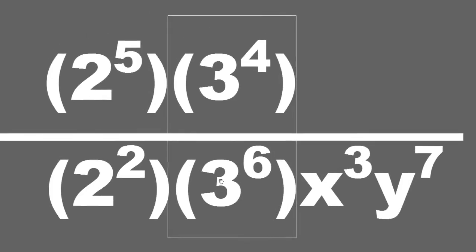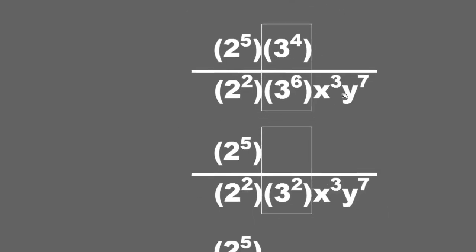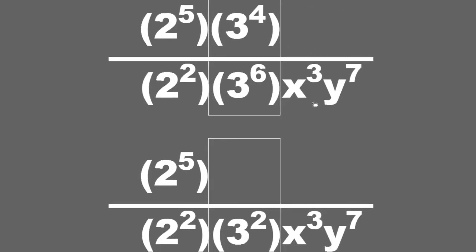So here we have the same type of battle that we had before with the x's and the y's. These two numbers 3 go into battle. The 3 on the numerator and the 3 on the denominator. Which 3 will survive? The one with the largest exponent. This is the larger exponent, so I'm gonna end up with a 3 on the denominator and no 3's on the numerator. This one, in the process of the battle, is gonna lose a few exponents.